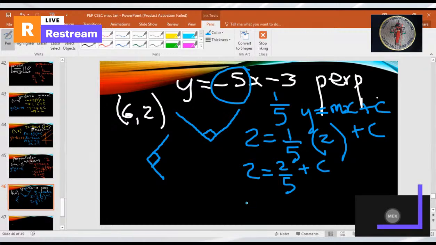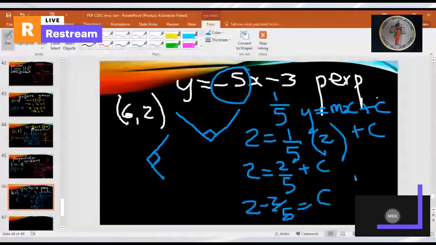So 2 minus 6/5 would be c, which is 4/5.